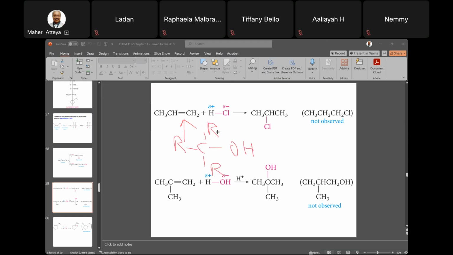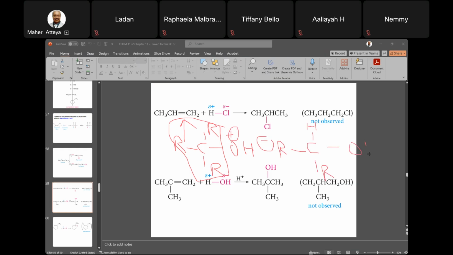The carbon is a cation here, positive, and the OH is negative. So the tertiary is more stable compared with the secondary one. The secondary has only two substituents, R and R, and one H. That's the secondary one.